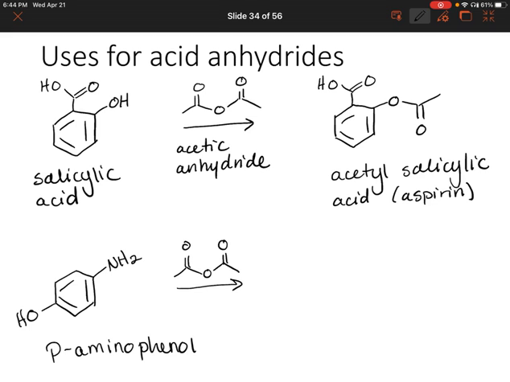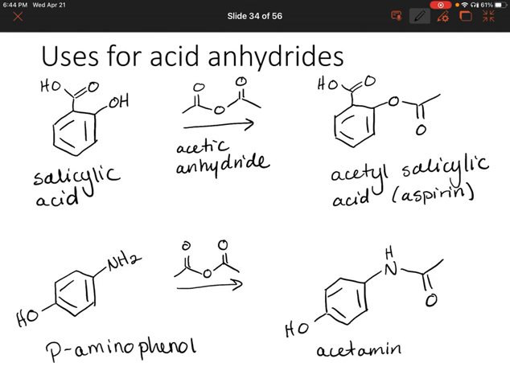And this will produce, let's see, so the alcohol stays the same, but our nitrogen will now turn into an amide group. And this is called acetaminophen. Or Tylenol.